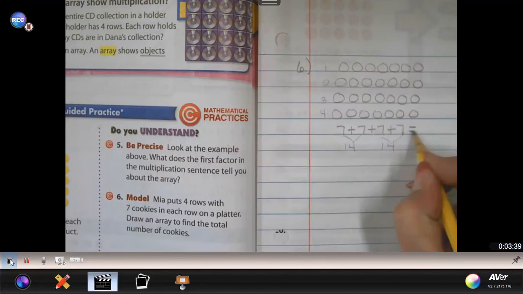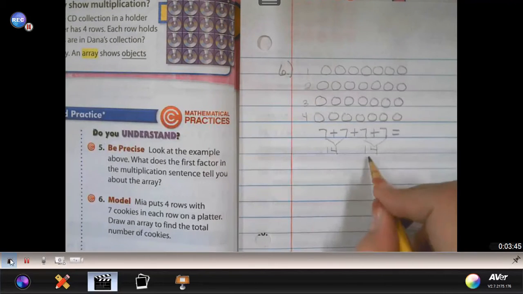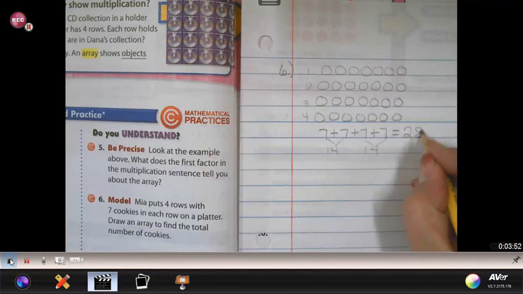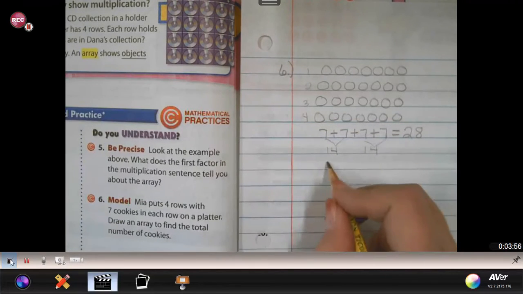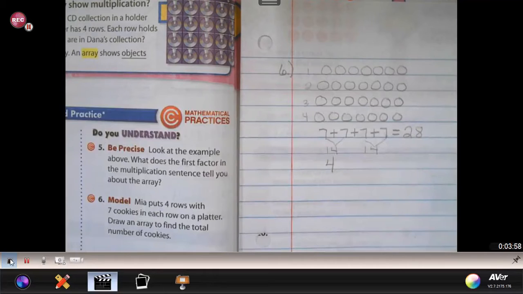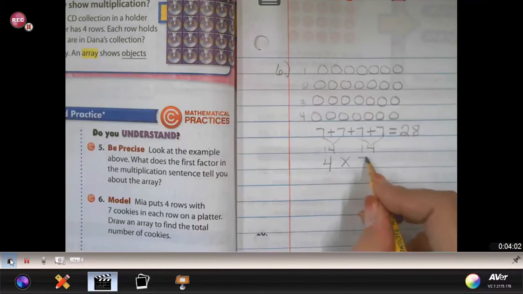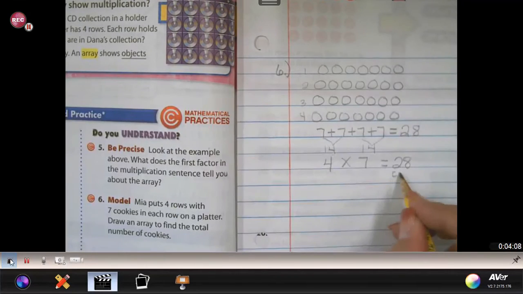So if I write my total, 10 and 10 is 20. So I put the 2 in the tens place, and 4 plus 4 is 8. So I have 28 cookies, which if I write this as a multiplication sentence, I have 4 rows with 7 cookies in each row, which will give me 28 cookies.